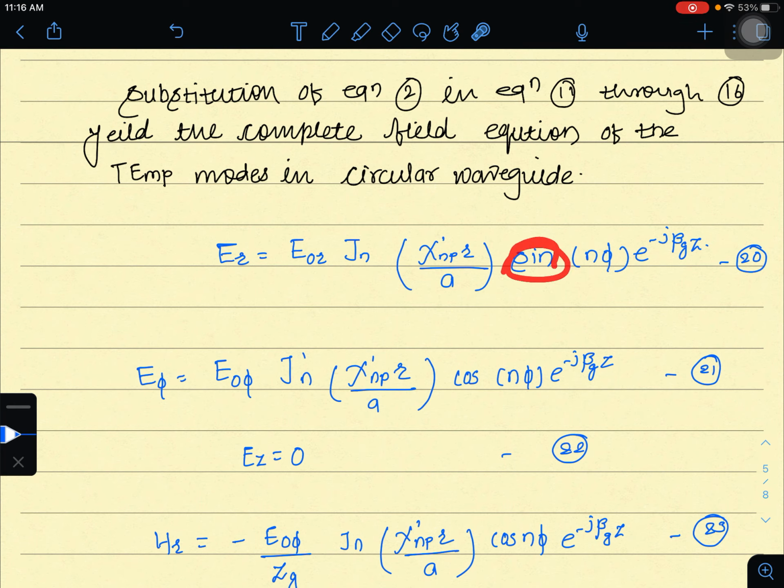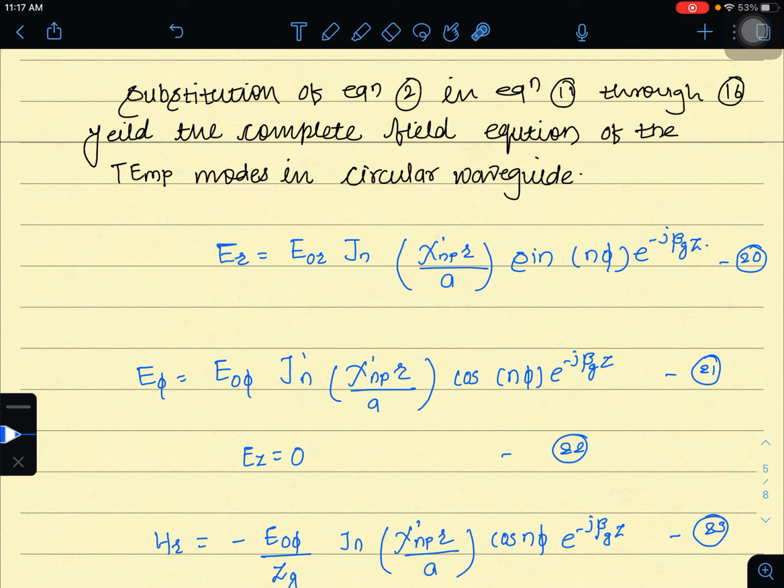We know very well how it changed, because it is regarding the electric field, and H is related with the magnetic field. We already studied in the TE mode in a rectangular waveguide how the sine is coming, how the cos is coming, or how it will be changing sine to cos or cos to sine. So I am not interested to solve these equations again and again here.